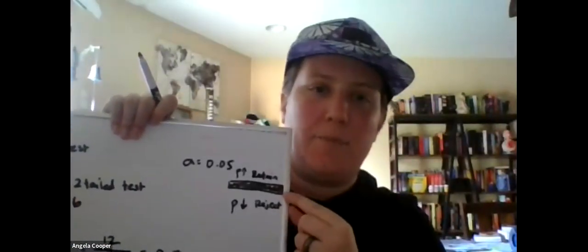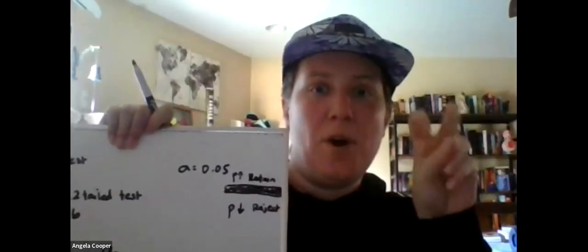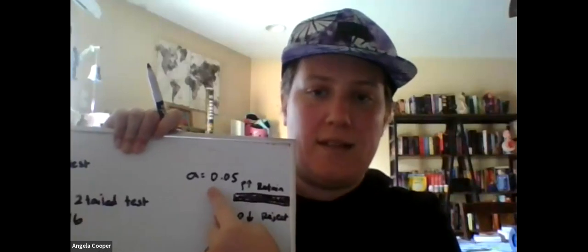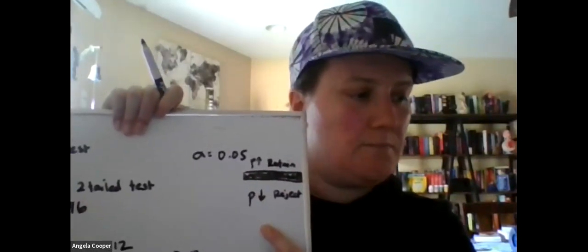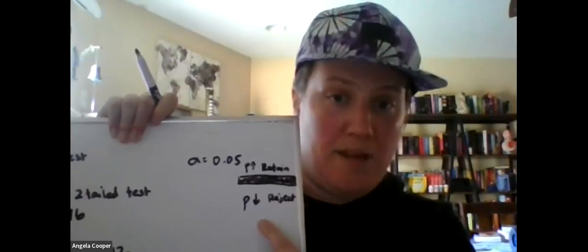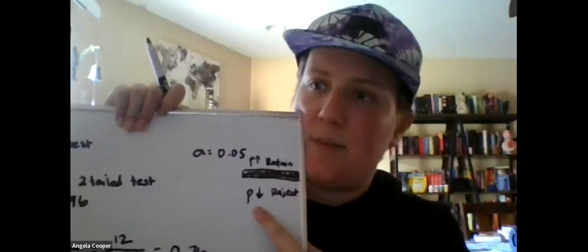So imagine this black bar as our limbo bar, set at 0.05. And to have a significant p-value, for us to reject the null, our p-value needs to be underneath that limbo bar. Again, to be a significant limbo player, you need to go under.